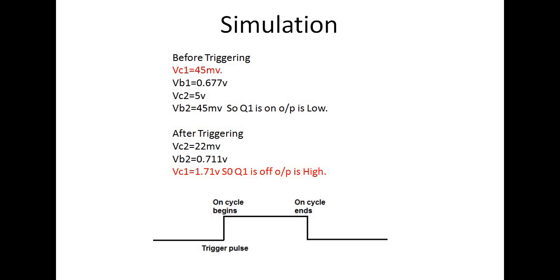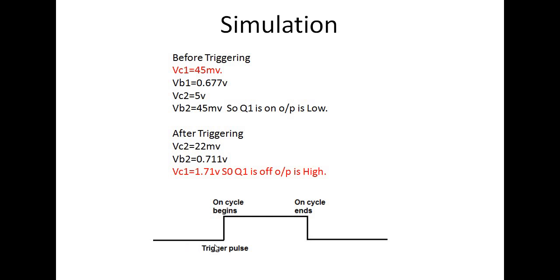Once that time constant elapsed, it again comes back to 0. That's what we said right in the beginning, when we were talking about the monostable multivibrator, it is going to have only one stable state. That stable state is nothing but 0, low level, right? So this high level is nothing but a quasi-stable state, which is temporary. So initially output is low, which is the stable state.